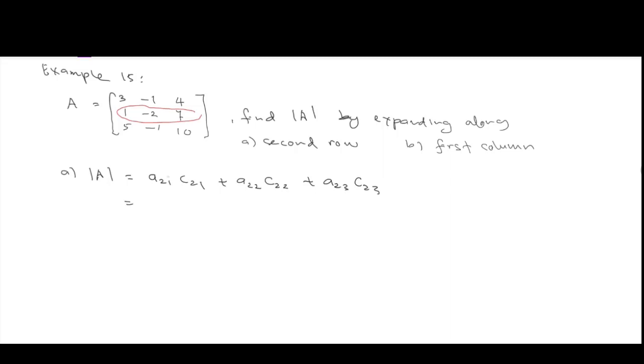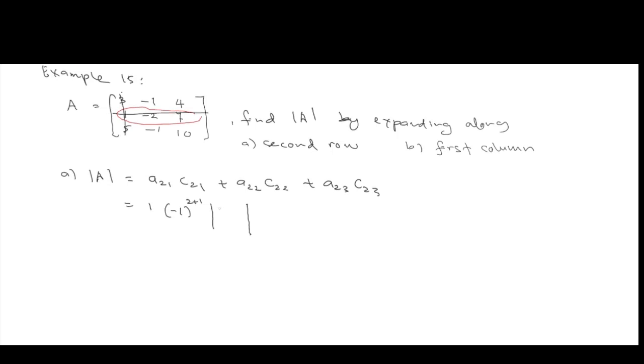The element in the second row, first column is 1. The cofactor, remember the definition, is equal to -1 raised to the power of 2 plus 1 multiplied by the minor, where we delete the second row, first column.